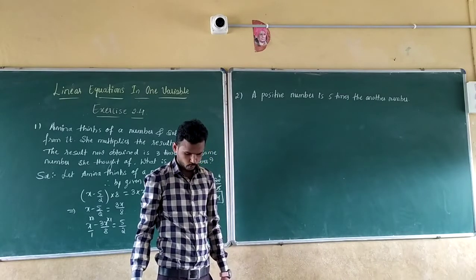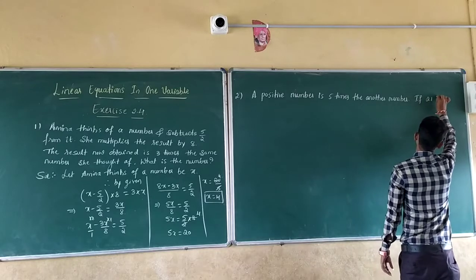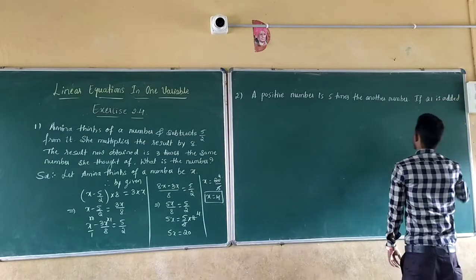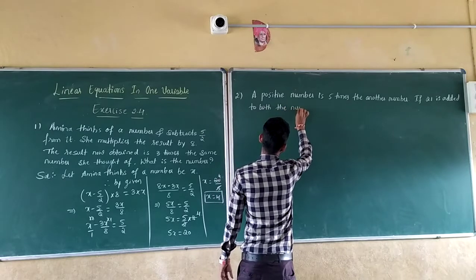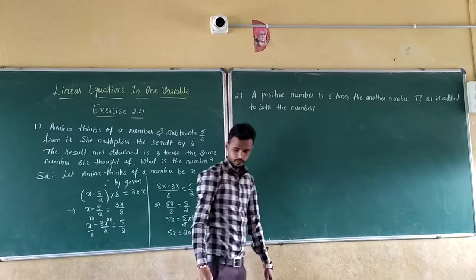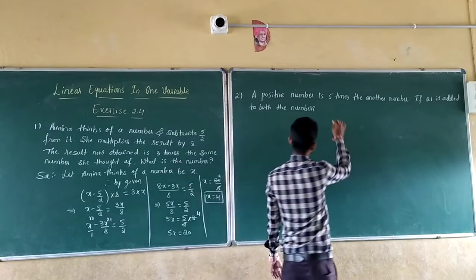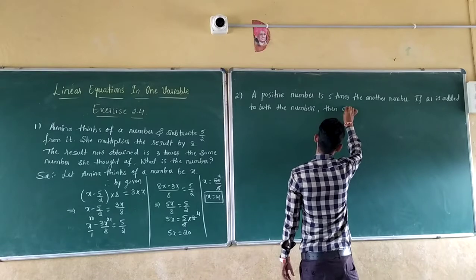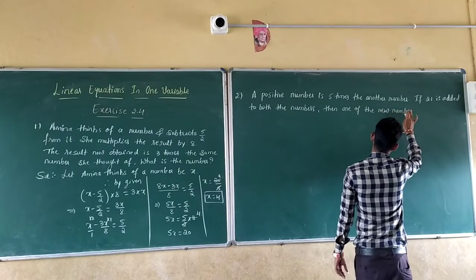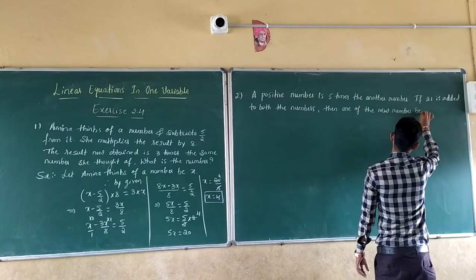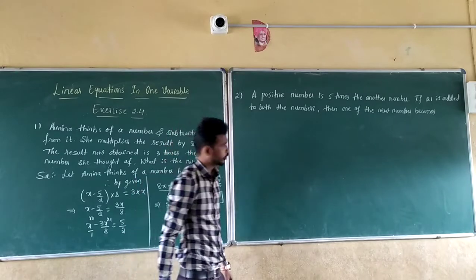If 21 is added to both the numbers, then one of the new numbers becomes twice the other new number.